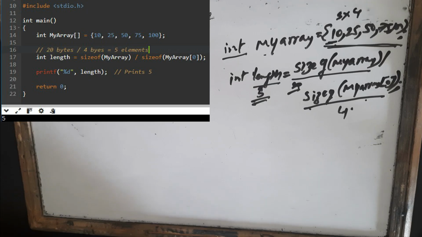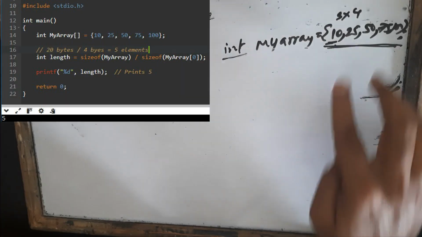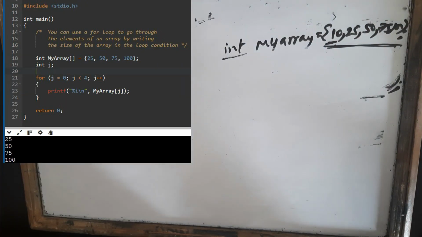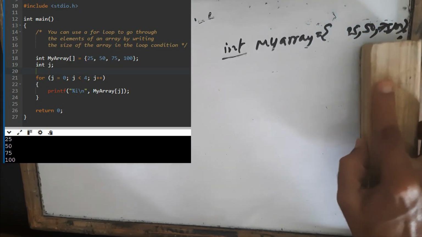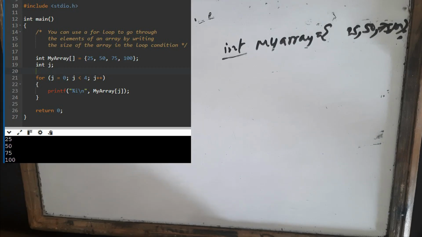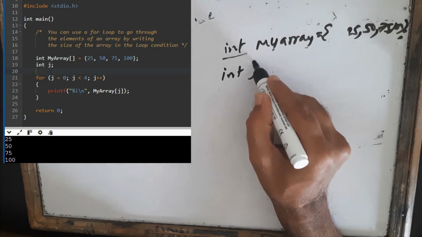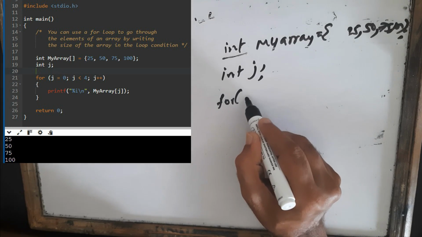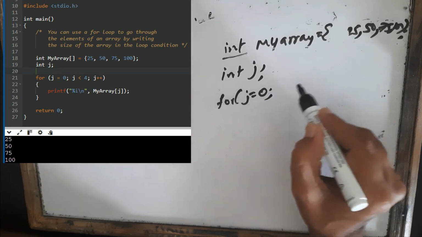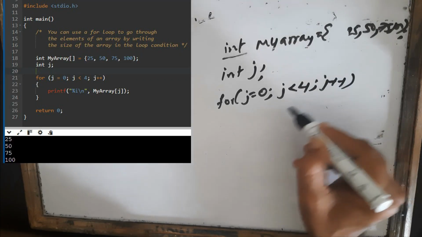Okay, so there is one more way to print elements in my_array. Say for example, let's consider this example, my_array 25, 50, 75, 100. There are 4 elements in this array, and we declare one more variable here, j. for j is equal to 0, j less than 4, j plus plus.